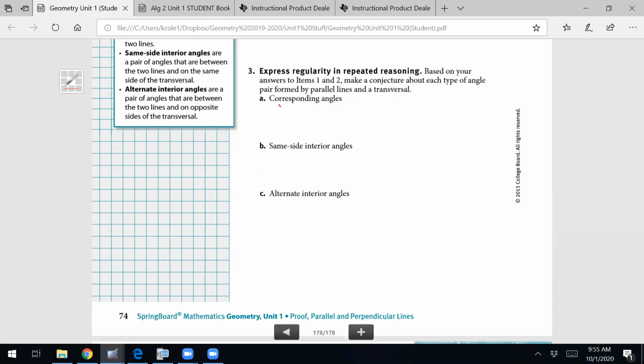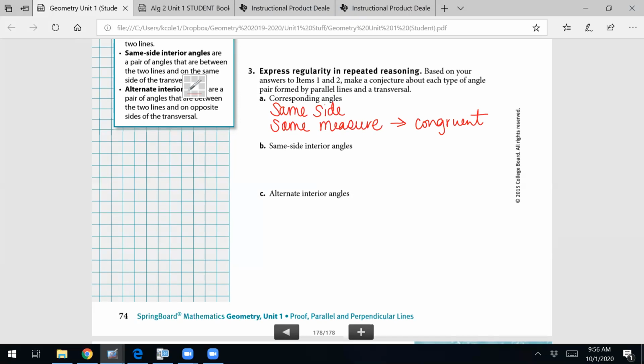Same side. But also what? Same measure, right? They're going to have the same measurement. Okay. Which means if they have the same measurement, they are congruent. The same measurement means that they are going to be congruent.